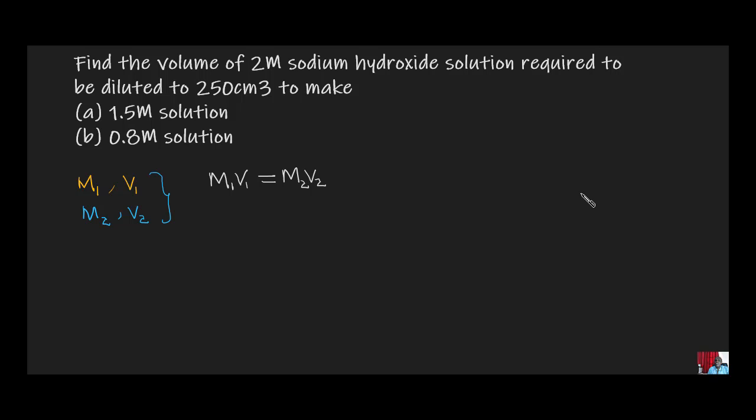So this sodium hydroxide before dilution, that is its molarity, M1, is 2 M. And the volume is the one that we are asked, that is V1. What is the volume that we must dilute to make the concentration shift from 2 M to 1.5 M?